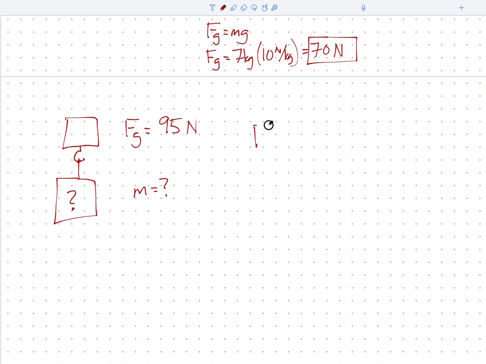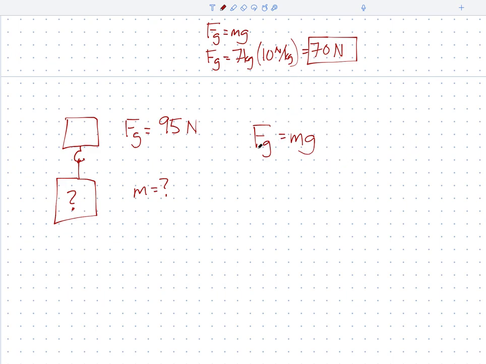All right. So again, we have this equation, force of gravity equals mass times little g. But now we want to find the mass. So we can rearrange this equation to solve for the mass. We just have mass by itself on one side.